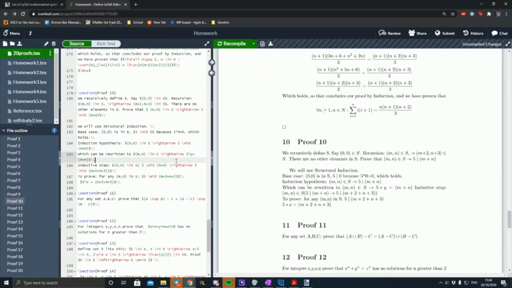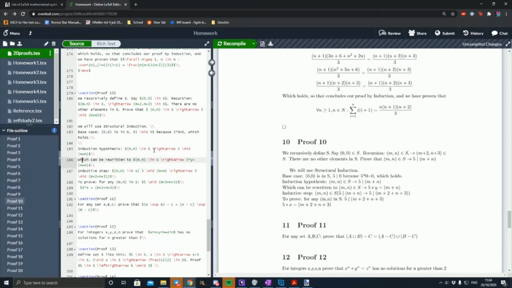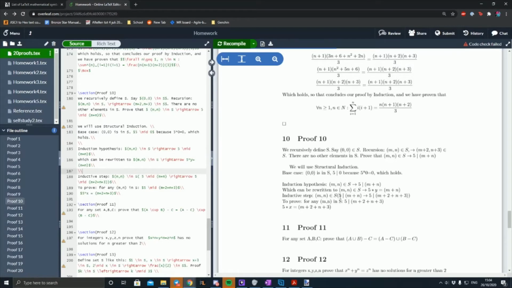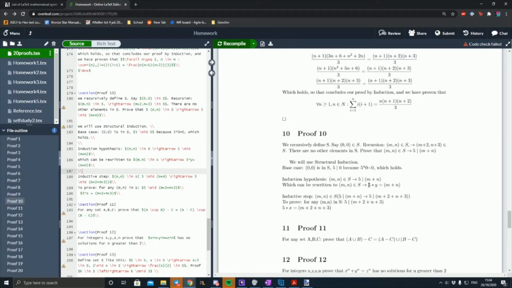Okay. A few more spaces. Let me add another new line between every step to keep it a little bit clearer, because it's a bunch of text now. And let me put some brackets around here. Okay, so if m and n are in S, then m plus n is equal to 5 times y.